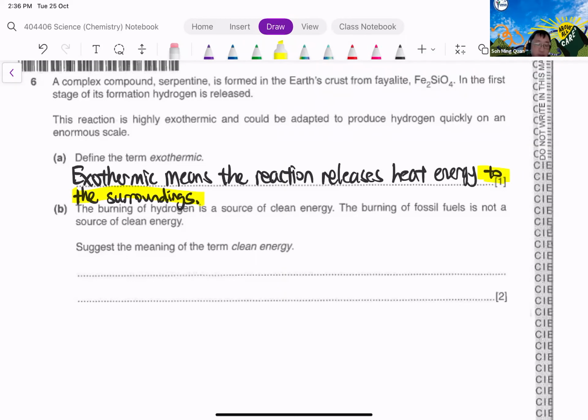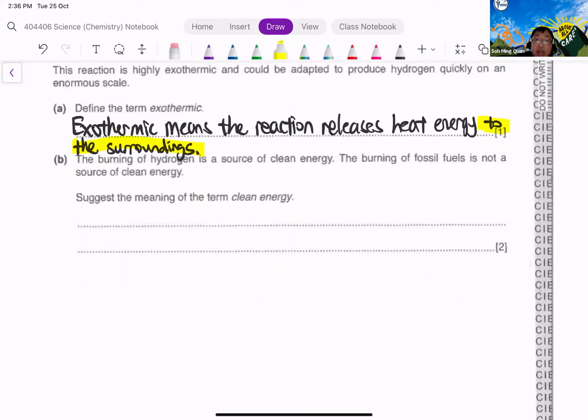Now, part B is also difficult because you have never learned clean energy before. But they have actually given you a hint, right? Even if you didn't know what clean energy was, they told you that the burning of hydrogen is a source of clean energy. That means burning hydrogen is clean, whereas burning fossil fuels is not. So you're asked to suggest the meaning of the term clean energy.